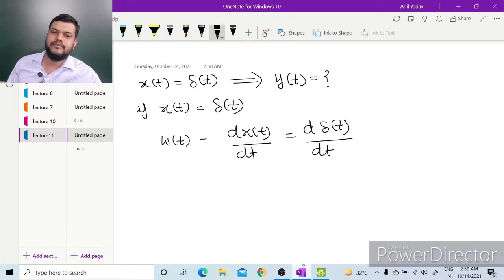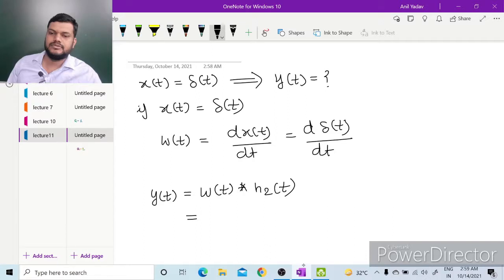And we know that y(t) will be w(t) convolved with h2(t), because this is also one combination of input and output of an LTI system whose impulse response is known.